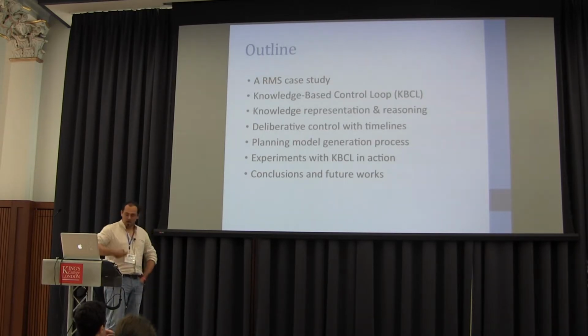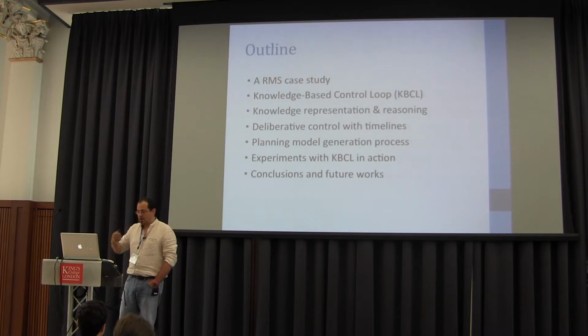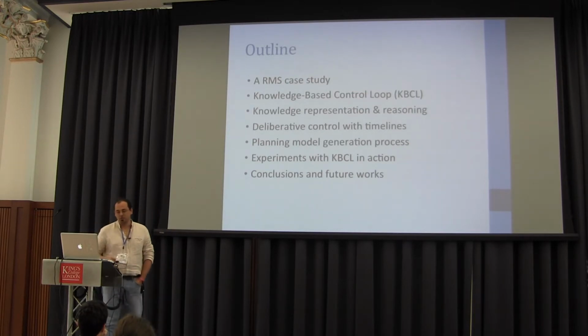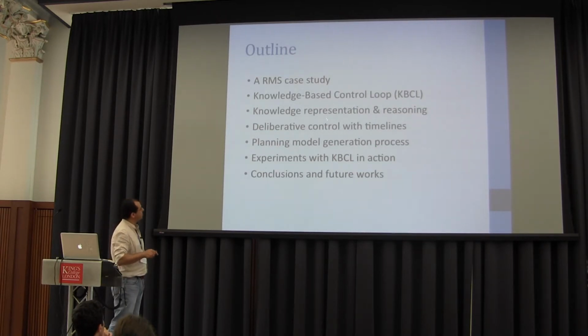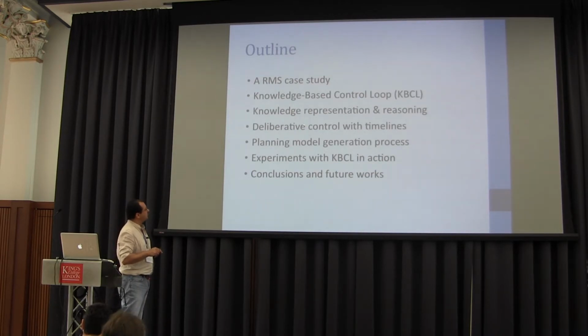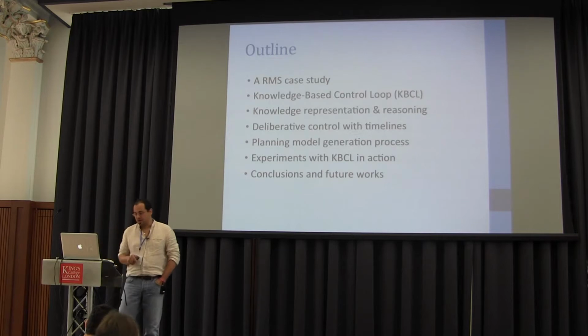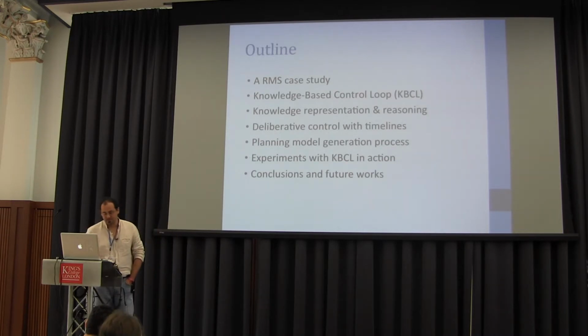So the idea is managing knowledge online and dynamically adapting the control system. This is possible exploiting knowledge representation and reasoning techniques integrated with deliberative control with timelines, and implementing the bridge through a planning model generation process that is able to exploit the knowledge reasoning, generating the control model to be enrolled in the timeline-based control system.